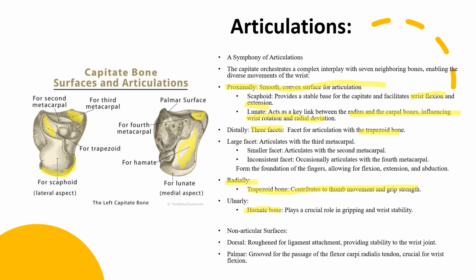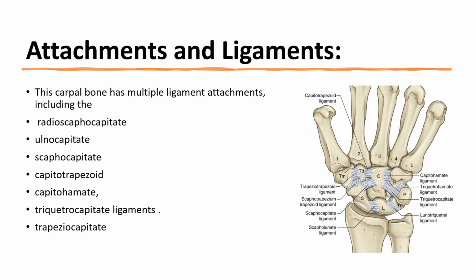There are non-articular surfaces present on the dorsal and palmar sides. The dorsal side provides attachment to the ligaments and provides stability to the wrist joint, while the palmar side has a groove for the flexor carpi radialis tendon, which is crucial for wrist flexion.